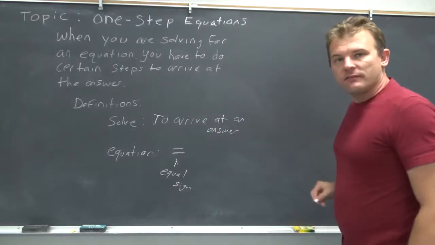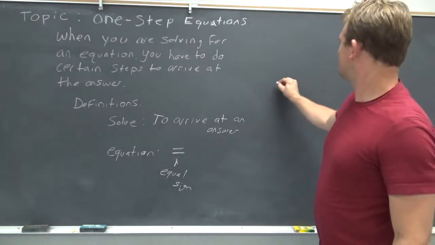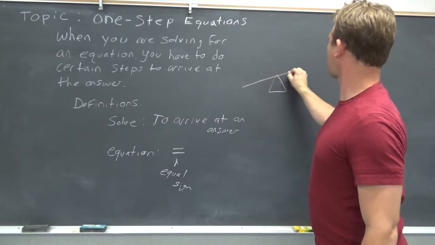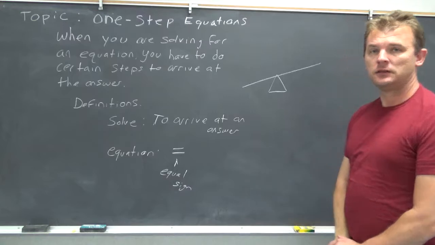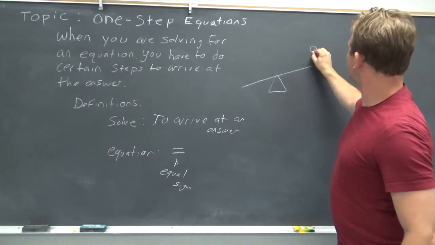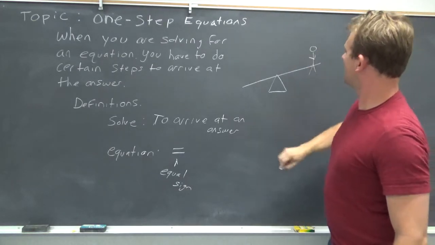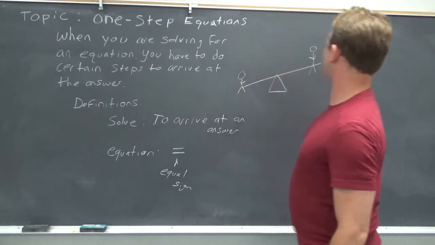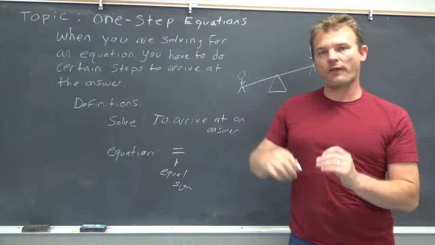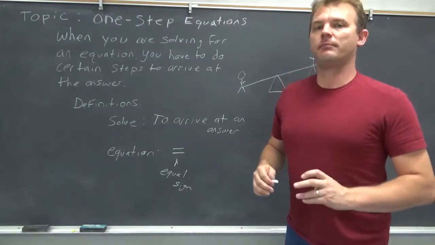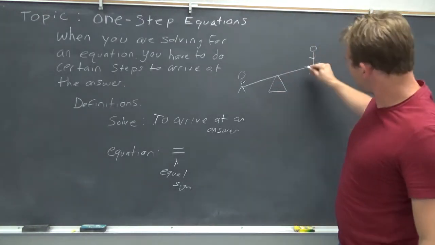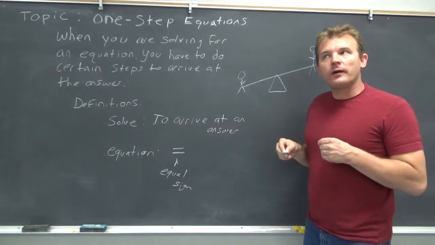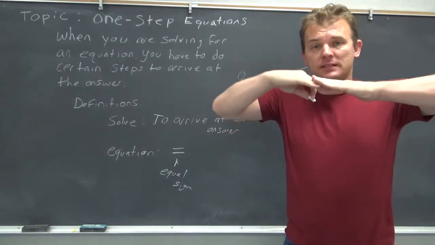Now, what does it mean to have an equal sign? Think of a teeter-totter. So here's your little pivot, and your little teeter-totter. And here's somebody right here. As you're going back and forth on the teeter-totter, you're pushing yourself up, pushing yourself down. Well, what happens if we want to make this thing balanced?